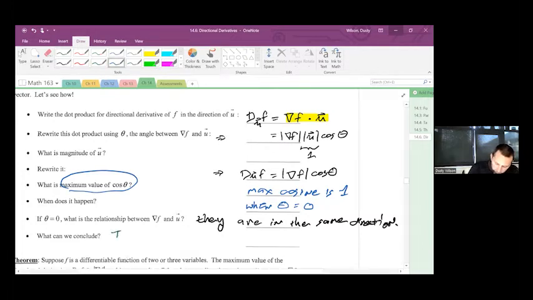So the gradient is in the direction of the max directional derivative.